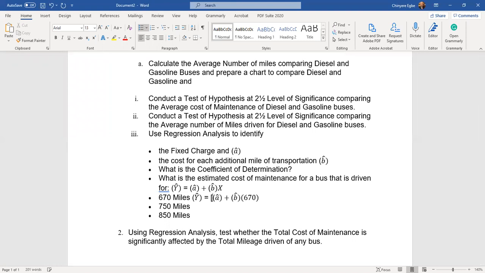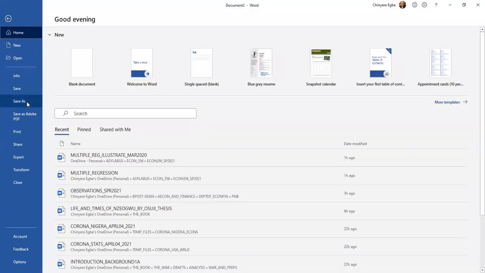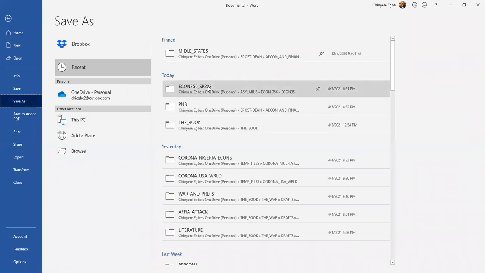Yes. Okay. So that is what you're going to do. You have to find your own A hat, your own B hat, and then you put in 670 here, and that gives you your estimate for 670 miles. You get it? Yes. Okay. All right.